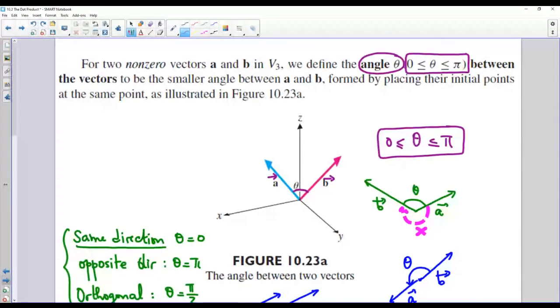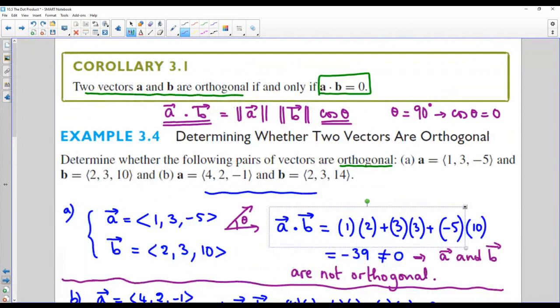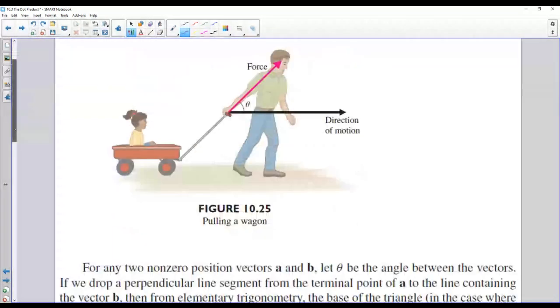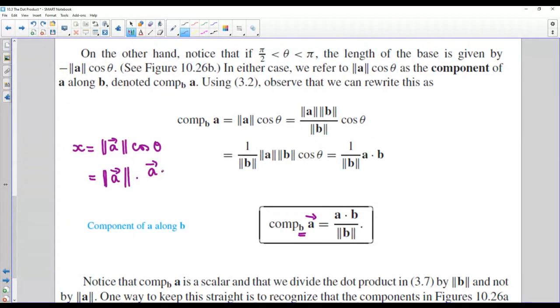I can replace cosine theta with A dot B over the magnitude of A multiplied by the magnitude of B. Then you can see that this and this will cancel.